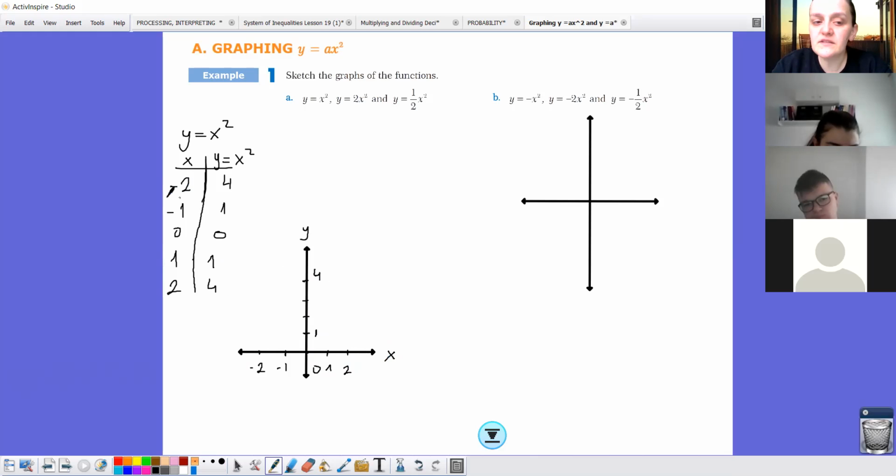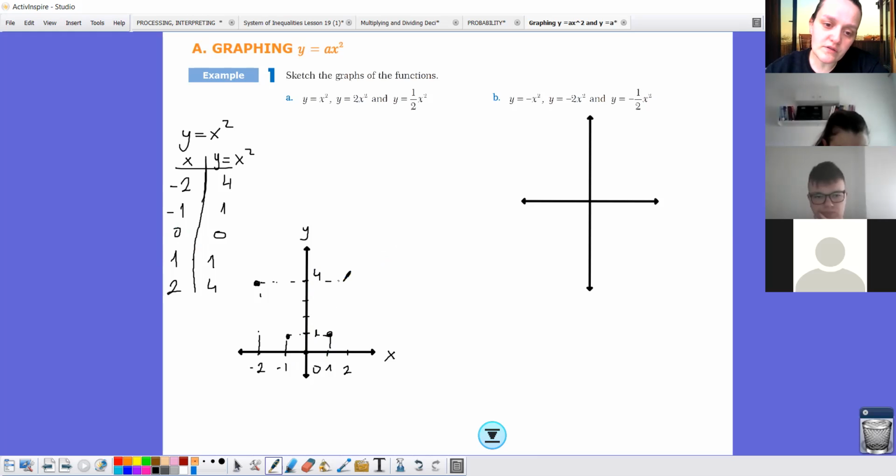So first, when x is -2, y is 4. So it is somewhere here. And when x is -1, y is 1, the other point will be here. When x is 0, y is 0, the third one will be here, and the other one will go here also, and 4 and 2.